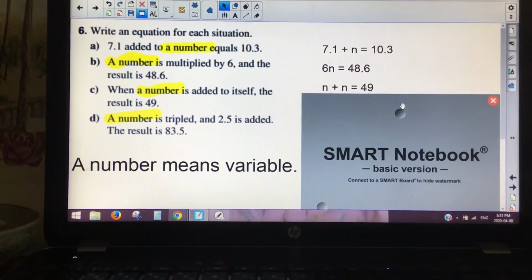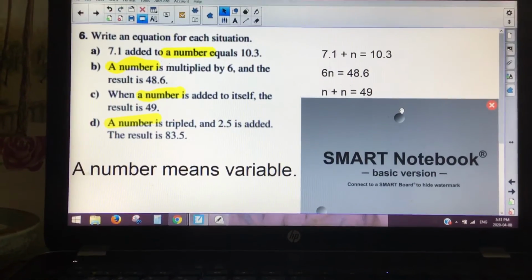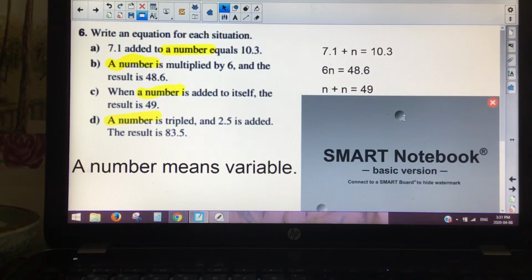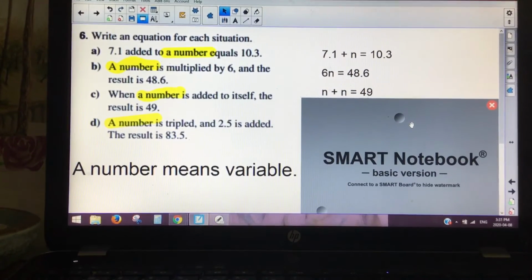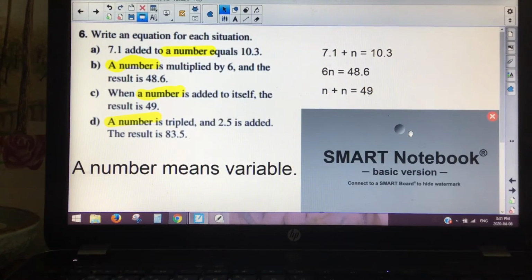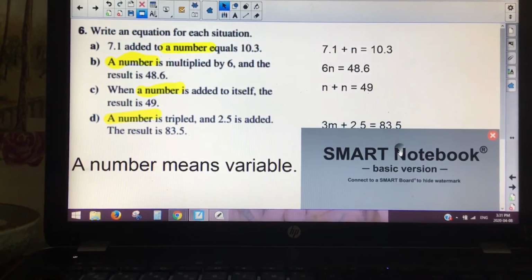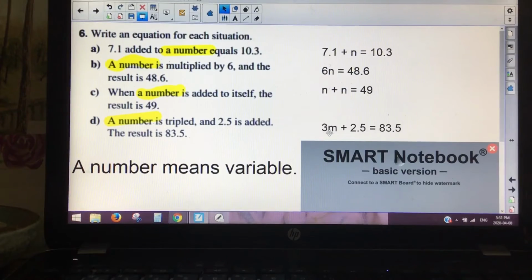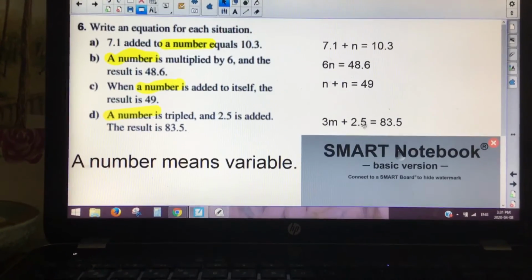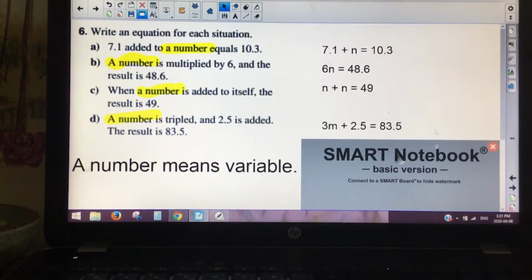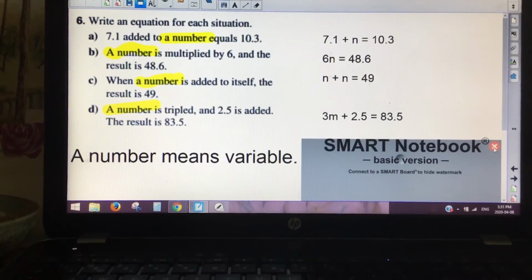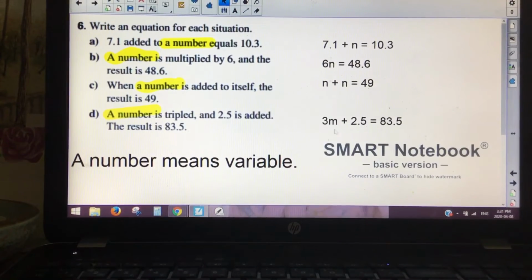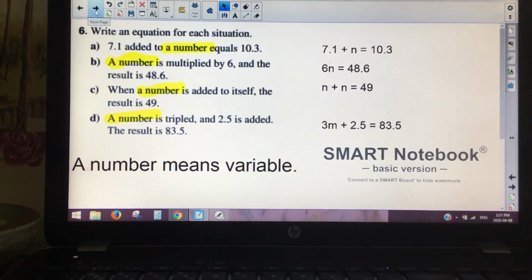Okay, n plus n is equal to 49. A number is tripled and 2.5 is added, the result is 83.5. A number is tripled, 2.5 is added, there's my 83.5. That question doesn't ask us to calculate it. If it did, it's pretty easy. We just did some examples like that earlier.